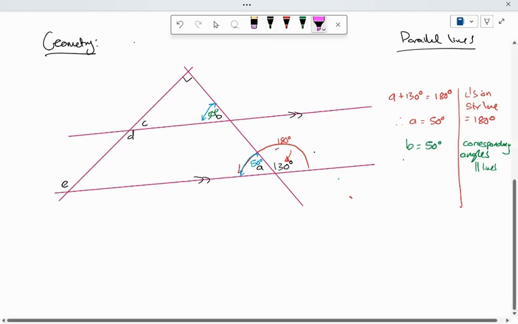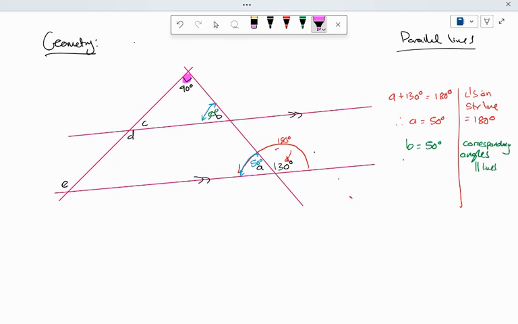Now, this block over here, if you didn't know, means 90 degrees. And the next thing is we have a triangle, and if you knew, angles in a triangle add up to 180 degrees. So I've got C is equal to 180 degrees minus 90 minus 50, right?